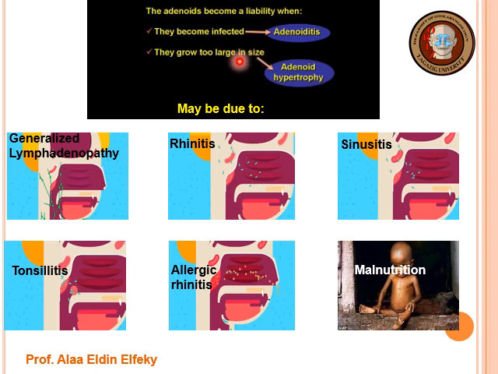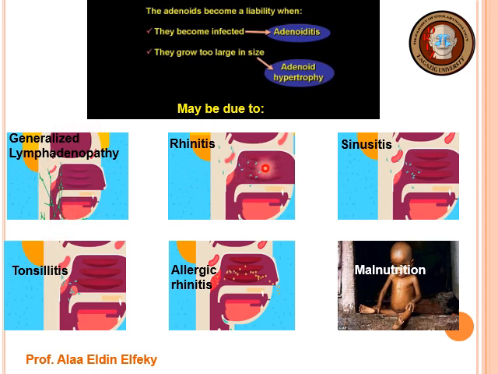But what are the causes which lead to adenoiditis or adenoid hypertrophy? First, number one, this is generalized lymphadenopathy. This may be physiologic hyperplasia of the whole lymphoid system. This may be physiological or may be response to viral infection.